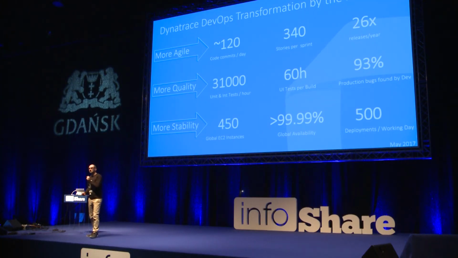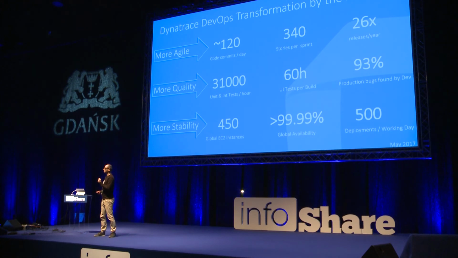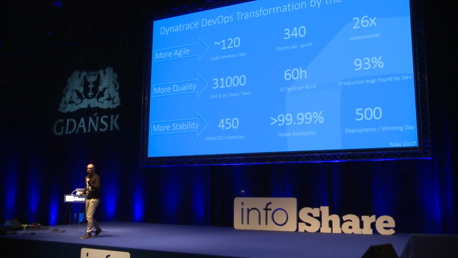Another metric I'm proud of, you see on the right, is that 93% of production issues are found by engineers. And this is because our engineers are using our products themselves and take responsibility, and this is the most important part.